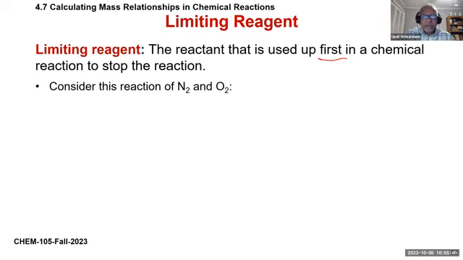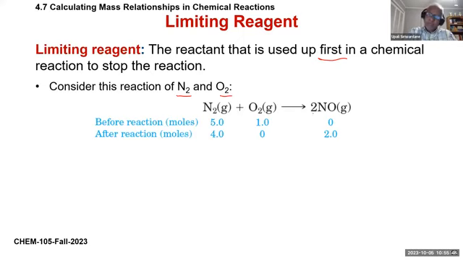If you consider the nitrogen and oxygen reaction to produce NO, you start with 5 moles of nitrogen and 1 mole of oxygen; at the beginning there are no products. After the reaction is complete, oxygen is used up. That's the limiting reactant.